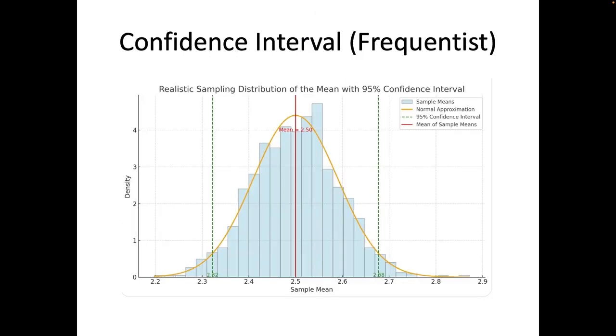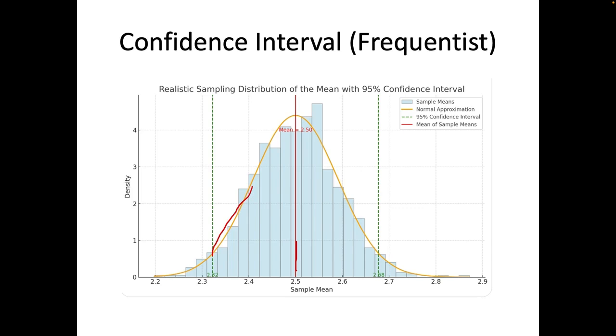So here we see a more realistic and data-driven sampling distribution of the sample mean based on 1,000 repeated samples, each of size 30, from a population with a true mean of 2.5. This histogram displays the distribution of these sample means, and the overlaid orange curve represents a normal approximation. The red line marks the average of the sample means, which is approximately 2.50.